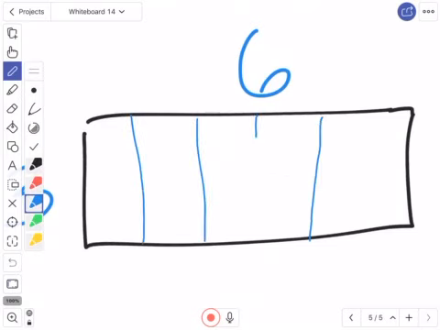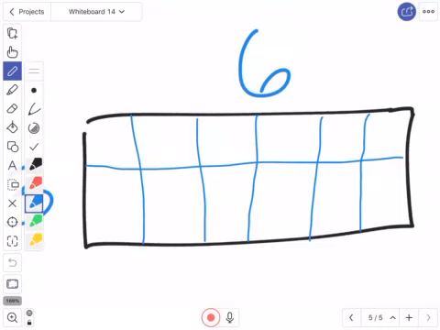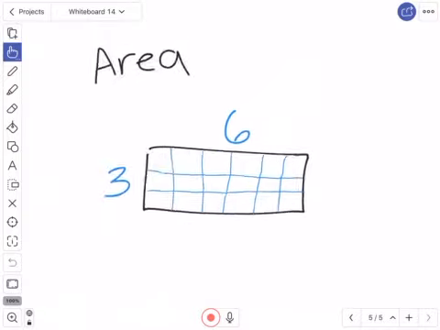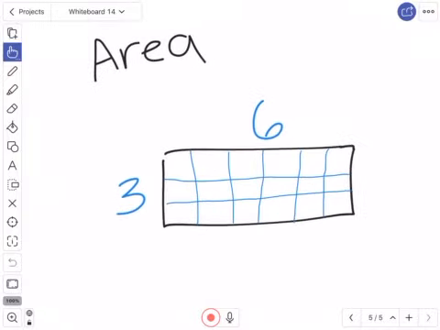If the 6 is up on the top, that means there are 6 columns. And the other side is 3, so that means there are 3 rows. If you have squares like this on the inside, one way to count area is just to count all the squares. So I know there's 6, 12, 18 for my area. Just by chance, this has the same exact area as the perimeter, which does not always happen.